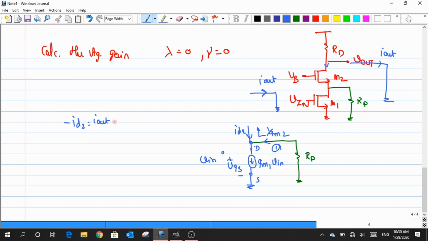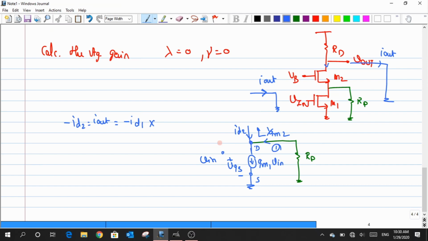Now the total current that I have here is ID1, which is a negative value, into which resistance do I have to take into account for the current division rule, 1 by Gm2 or RP? RP. Do you all believe, right?